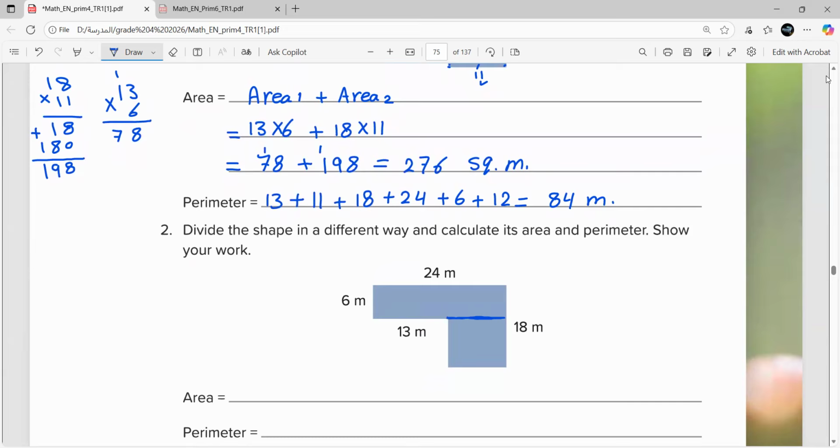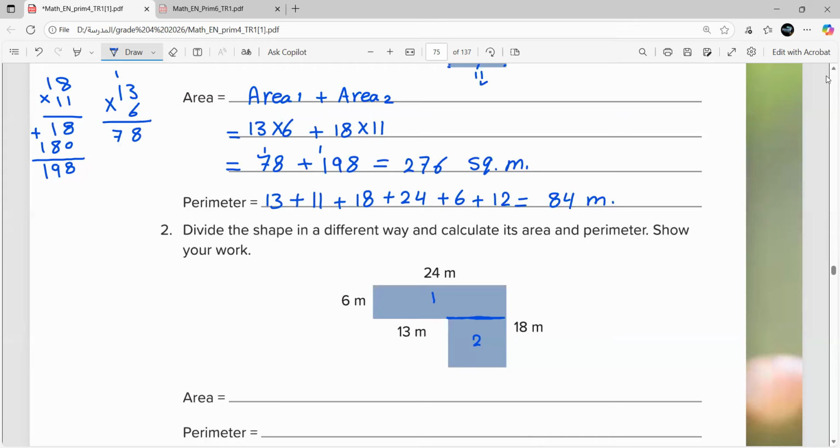Now we have also two rectangles, rectangle number 1, rectangle number 2. Do you think we will get different area? Of course not. We will get the same area because it is the same shape, but maybe in a different way. Maybe we'll use different numbers, but we will finally get the same area and the same perimeter also.